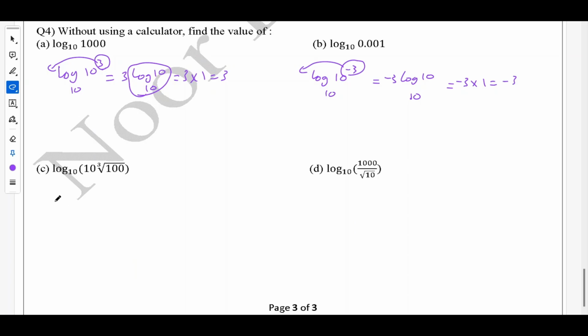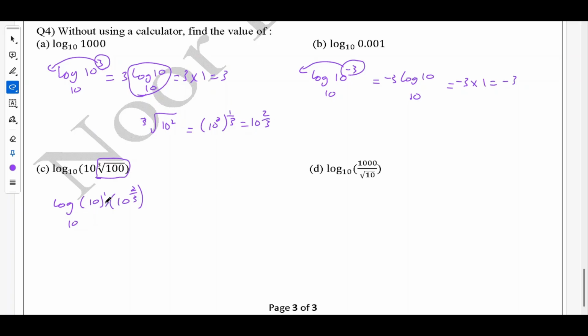Part C. Log 10 to the power 1 times the cube root of 10 squared to the base 10. Do you remember this? It's the cube root of 10 squared, or 10 squared to the 1 over 3, and it will be 10 to the power 2 over 3.